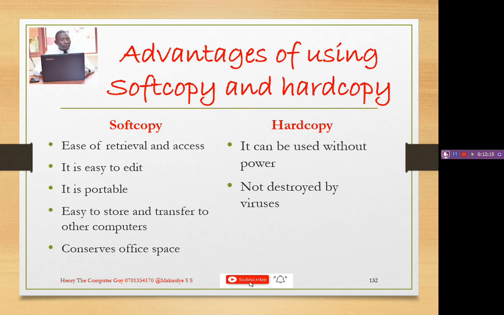It is just there, kept safe, and it is not going to be affected by the viruses which are affecting much the soft copies. And documents can easily be signed in case of a hard copy, which is always difficult for the soft copy. Someone cannot sign on a computer, but we can sign on a hard copy.